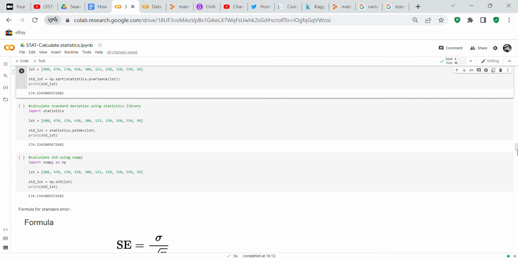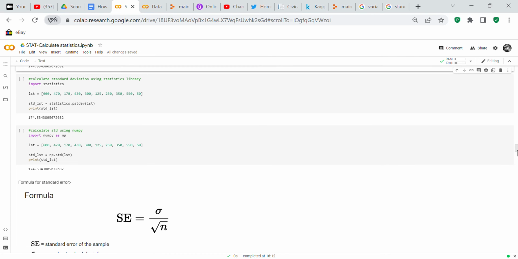Now we're going to check STD using NumPy. So we import NumPy as np, and we've got std_lst equals np.std(list). And so print std_lst, and it's 174.5344.